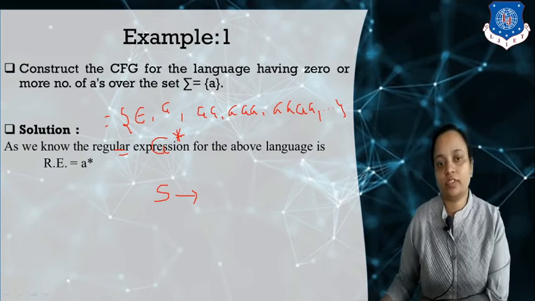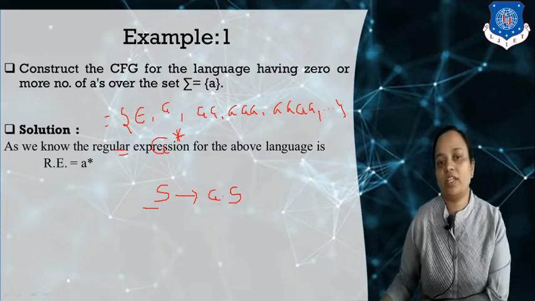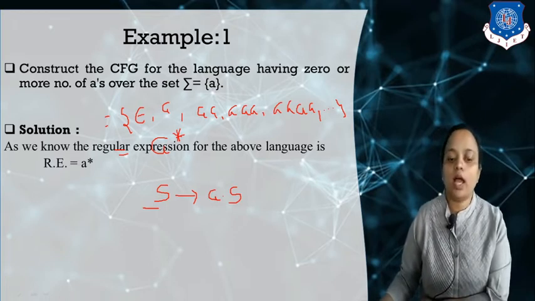Now this grammar generates 0 or more A's, so the term A is repeated. Whenever the term is repeated, I write down the single A, because A is repeated. Write down the symbol which is repeated, followed by a dot. Now for the repetition in the grammar, the symbol on the left hand side of the arrow, which is our non-terminal, you have to write over here. So this production simply repeats A dot S. The next is S derives null.